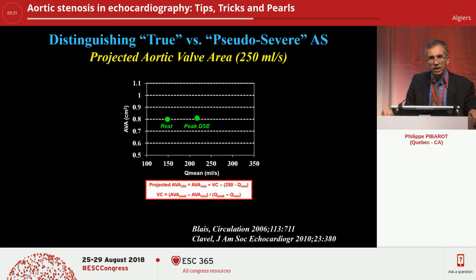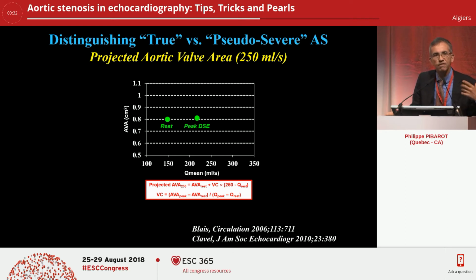Well, we will calculate the projected valve area at normal flow rate. The idea is to project what the valve area would be if the patient had a complete normalization of mean flow rate, which is about 250 ml per second. It's very easy. You have the values of the valve area and flow at rest and at peak dobutamine stress echo, so it's two-point measurements.